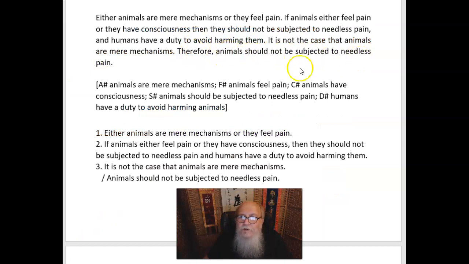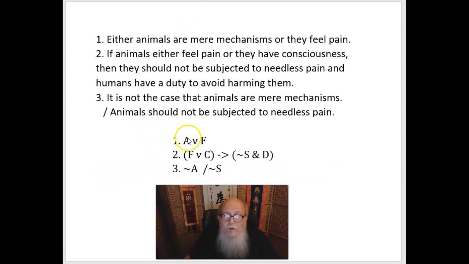So therefore tells us that that proposition is the conclusion. So we go in there, put a slash, and write that out. And then we list the premises. There's premise 1, premise 2, premise 3. And so now we have to translate them. 1. Animals are mechanisms, mere mechanisms, or they feel pain. 2.